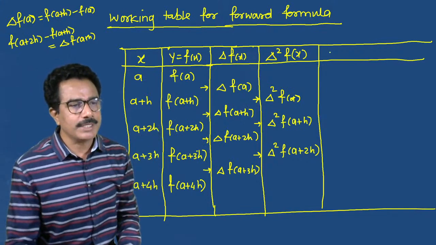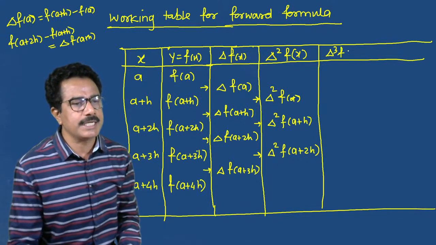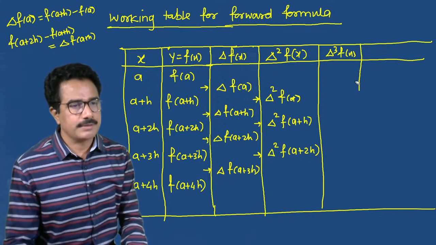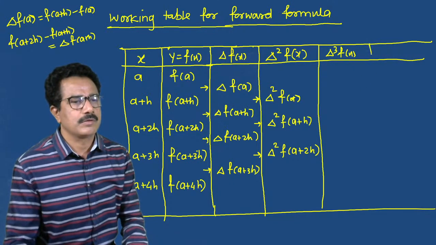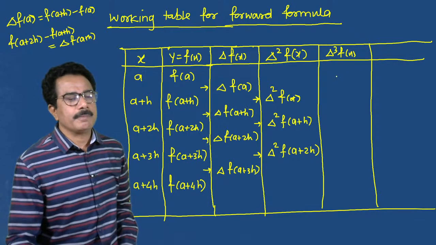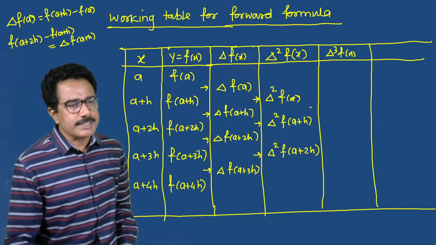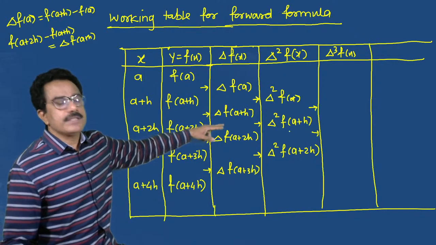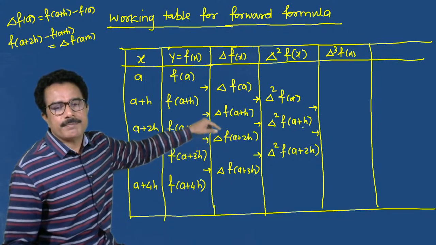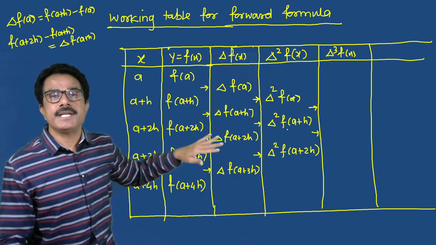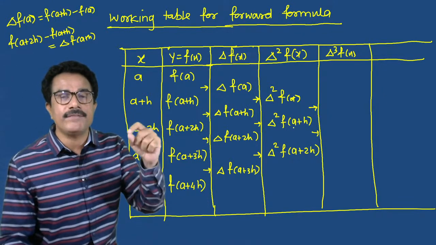Now again we can write the third difference, delta 3 f of x. Now again we can subtract this, the difference of f of a plus h minus f of a, which means delta f of a.